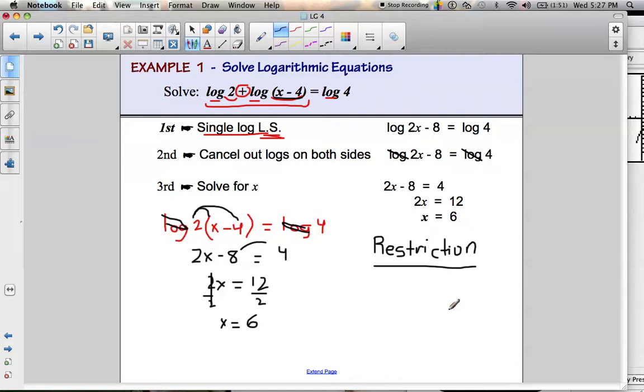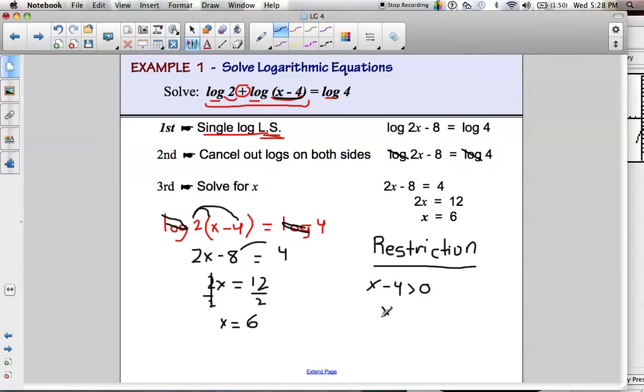So what we're going to do now is take this argument, x subtract 4, and basically you're going to make it greater than 0. All right, and then all we're going to do is move this over.